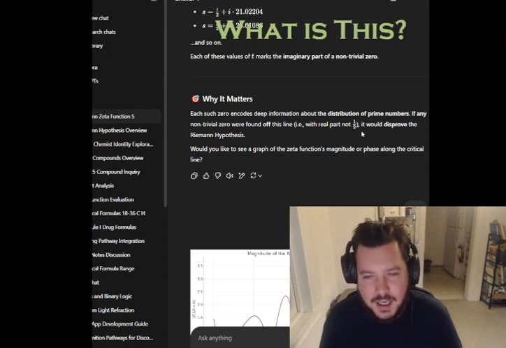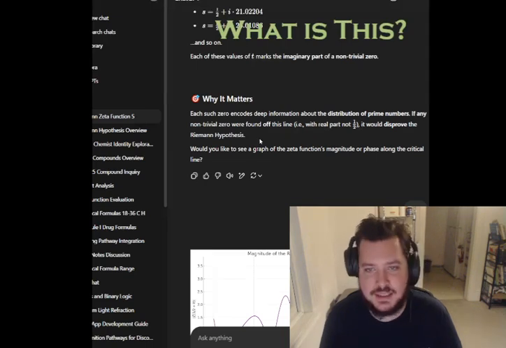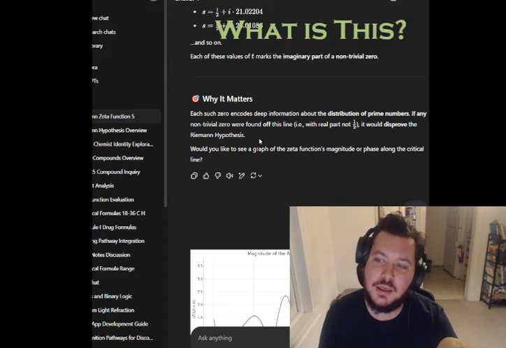I don't see how that can be useful at this time, but this logic needs to be connected. If any non-trivial zero were found off this line, i.e. with the real part not 1/2, it would disprove the Riemann hypothesis. And that's a practical impossibility, but it remains neither proven nor disproven.